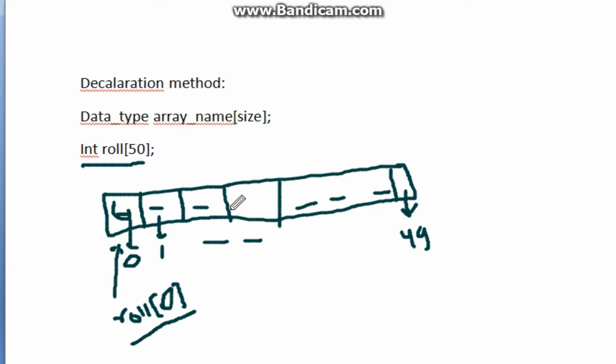So now, how can we initialize an array? We will see that initialization method. I want to initialize our array for roll number, so int roll, and the size, suppose the size is 5 and I store 2, 5, 7, 9, 6, and one more, that is 10, here.